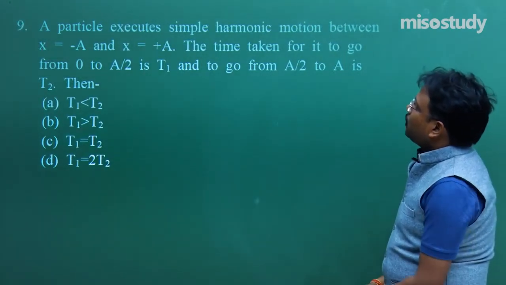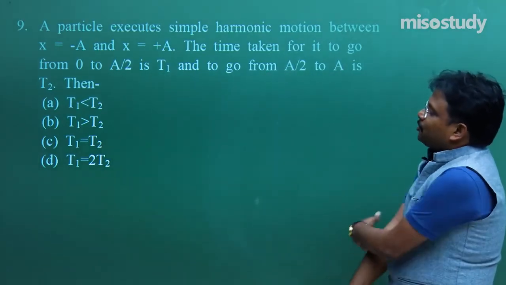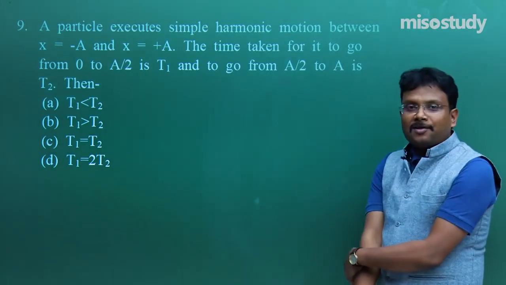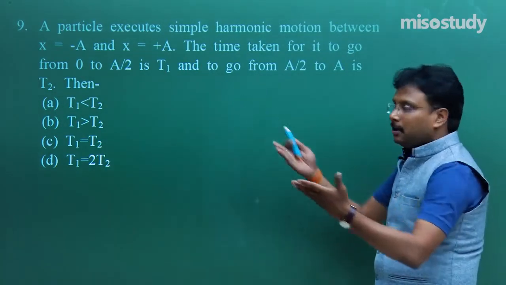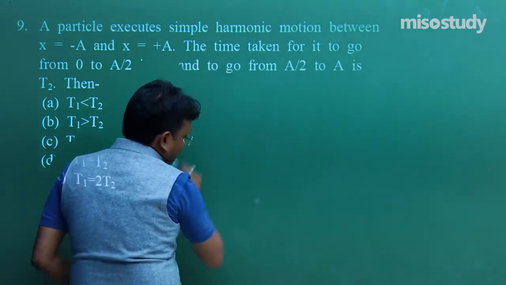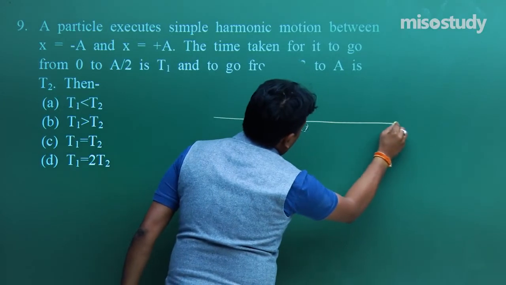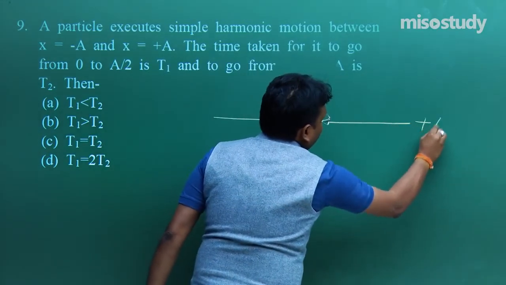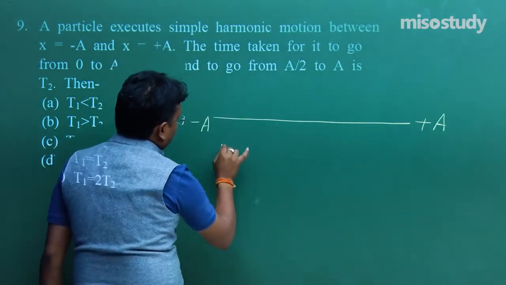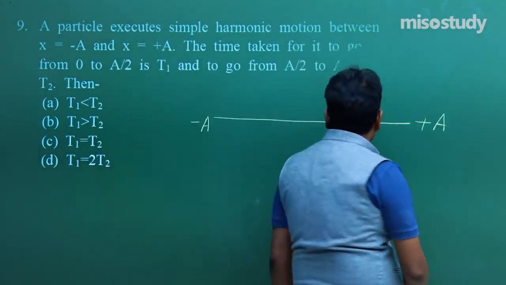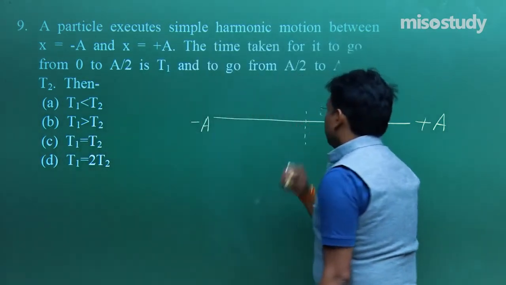A particle executes SHM, simple harmonic motion, between x is equal to minus a and x is equal to plus a. There is an opportunity for me to draw a beautiful painting, so I am unable to control myself. It is plus a, it is minus a, and this is your x axis. Let's say it is the origin point.